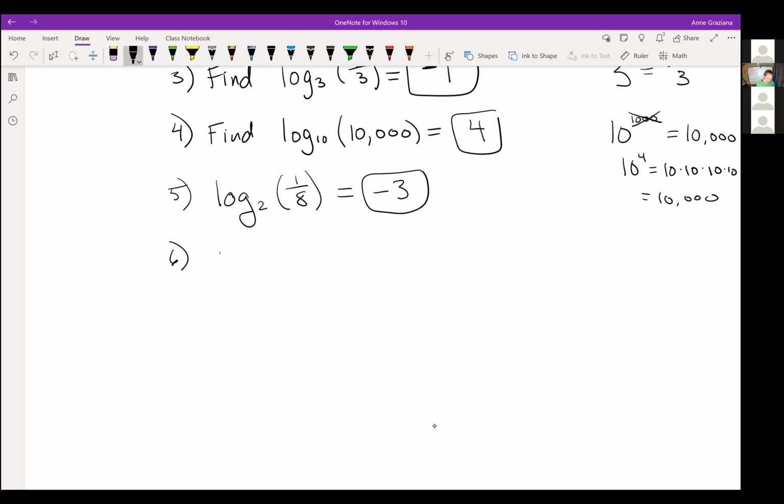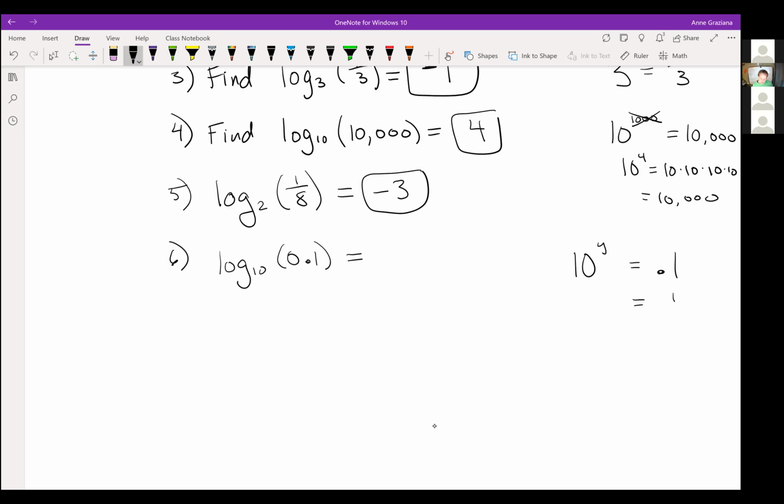Here's my challenge. Log base 10 of 0.1. Now this is one we might have to play with a little bit. I want to know 10 to what power is going to give me 0.1. But what is 0.1 really?